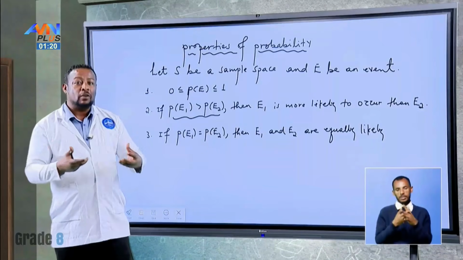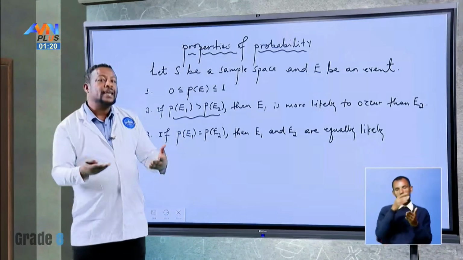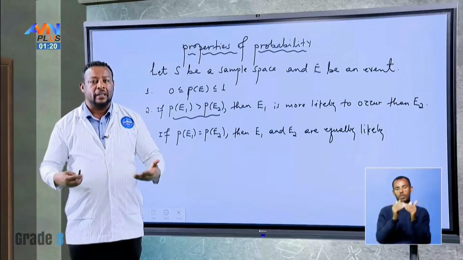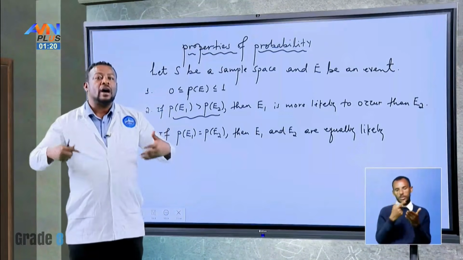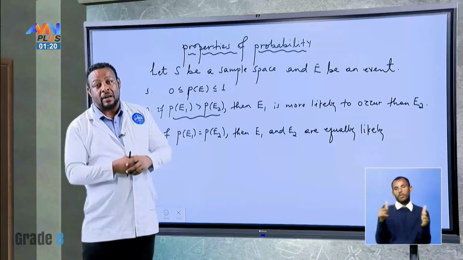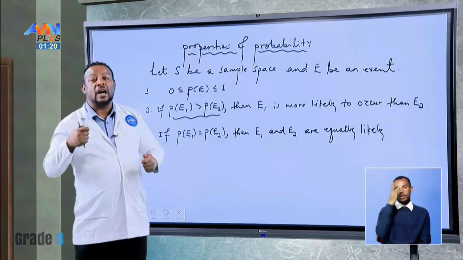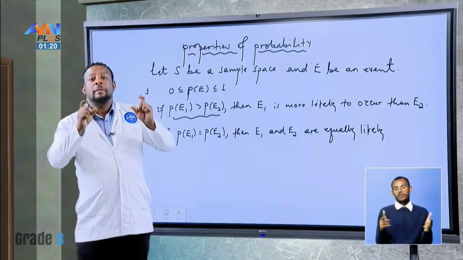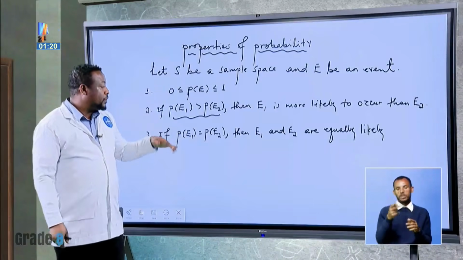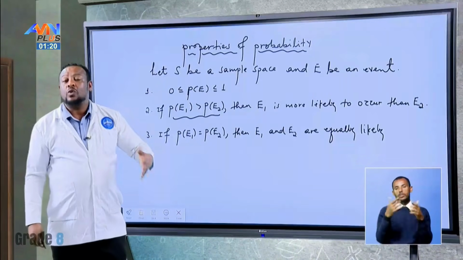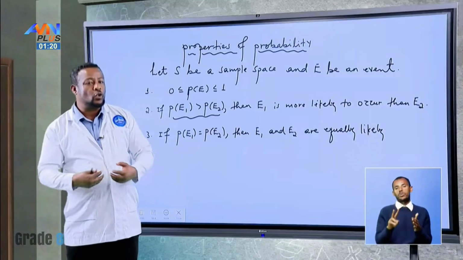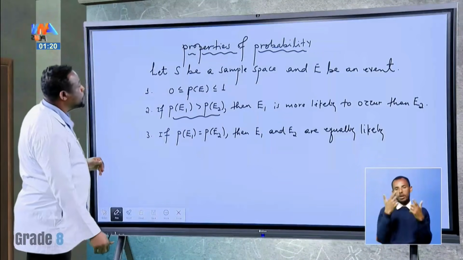Since the cardinal number of these two events are the same, you can say that these two events are equally likely to occur in the experiment because their probabilities are the same. We will see how we can calculate the probability of such an event, but for the time being, whenever you see the probability of E1 and the probability of E2 are the same, we mean to say that those two events are equally likely to occur. Okay, this is the third property.